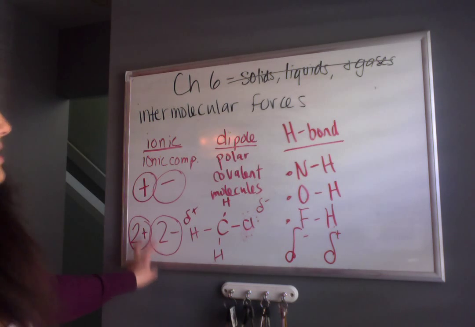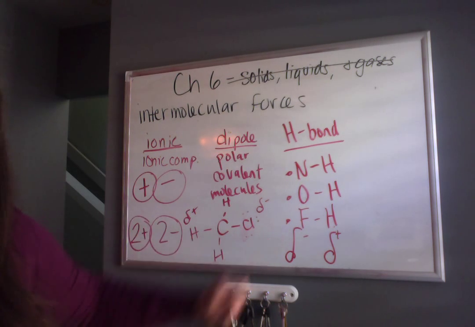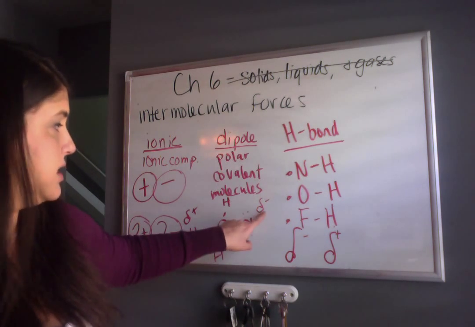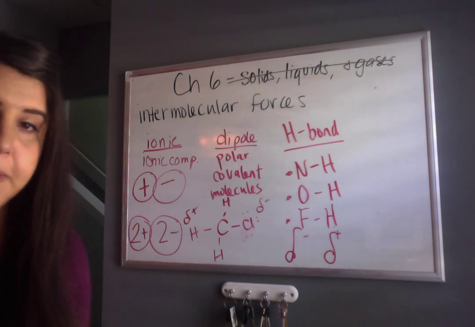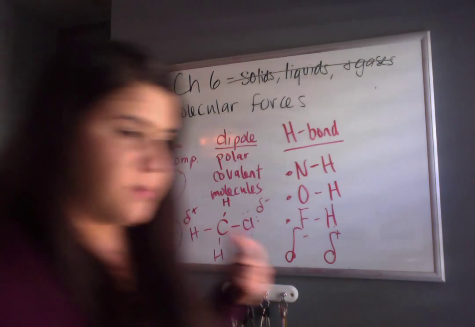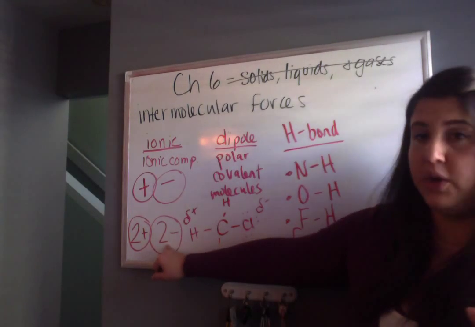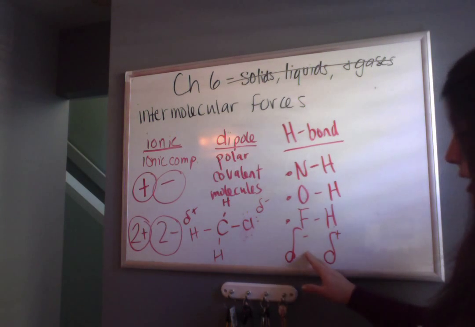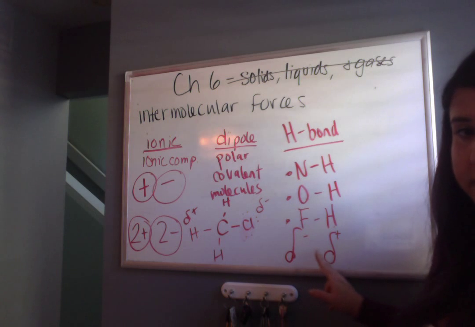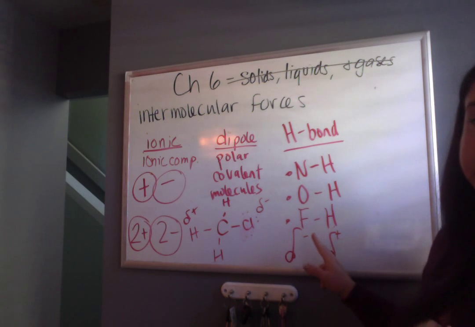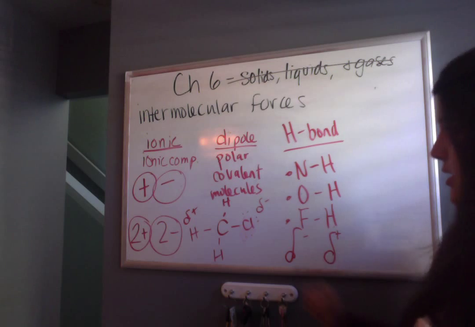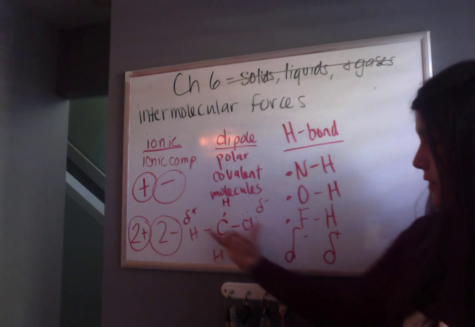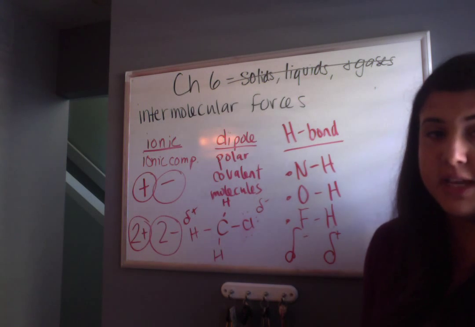This would have the strongest, this one would have the next strongest, but out of these two, where I have a big gigantic partial negative and big gigantic partial positive versus a kind of smaller partial negative and partial positive, you should be thinking at this point, well, okay, so I have really great intermolecular forces, pretty great intermolecular forces, next best intermolecular forces, where this is almost, because of the differences in electronegativity, almost the same as an ionic compound. Again, it is still not full charges, but it's getting closer, versus my partial charges here.